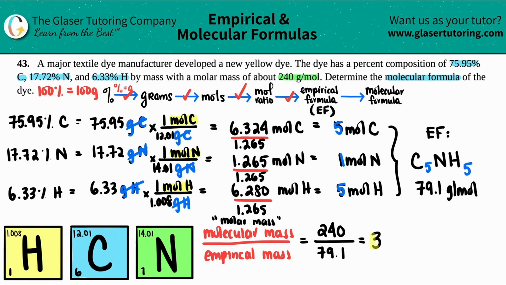Now, what does this number actually mean? This means that the molecular formula, which weighs 240, is 3 times the amount of my empirical formula, which weighs 79.1. So if my empirical formula is C5NH5, and I know that my molecular formula is 3 times the amount, I have to just multiply each subscript by that number.